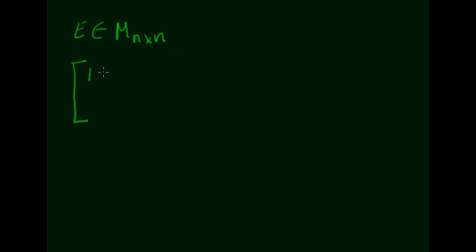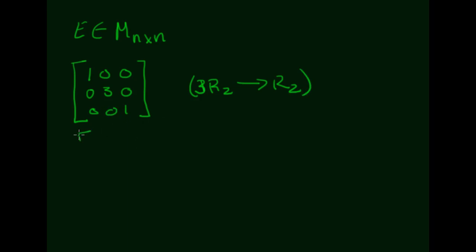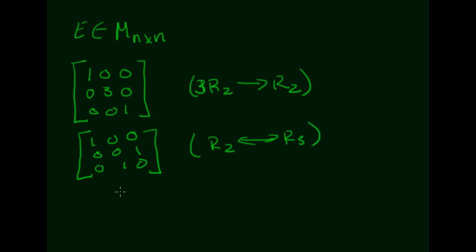If I have the matrix 1, 0, 0, 0, 3, 0, 0, 0, 1, this is an elementary matrix because I took the identity matrix, I took row 2, multiplied it by 3, and stored it in row 2. Another example could be something like 1, 0, 0, 0, 0, 1, 0, 1, 0, and this would be taking row 2 and row 3 and exchanging them.